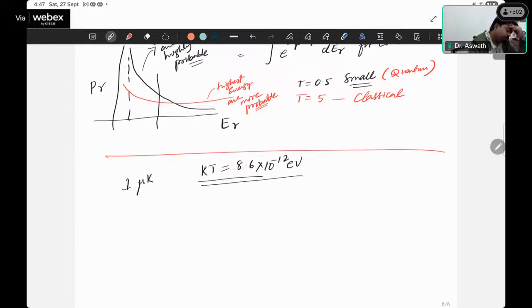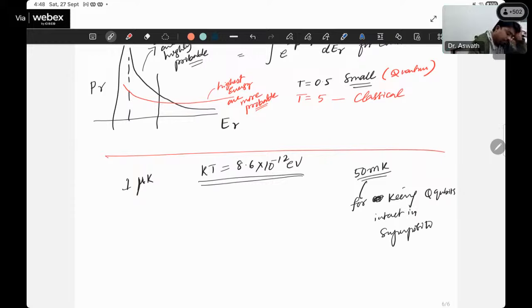Now remember, this is 1 microkelvin, or a millikelvin. You remember we use 50 millikelvin for keeping the quantum qubits intact in superposition.